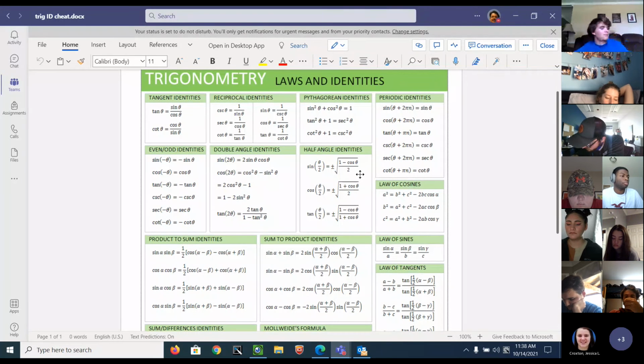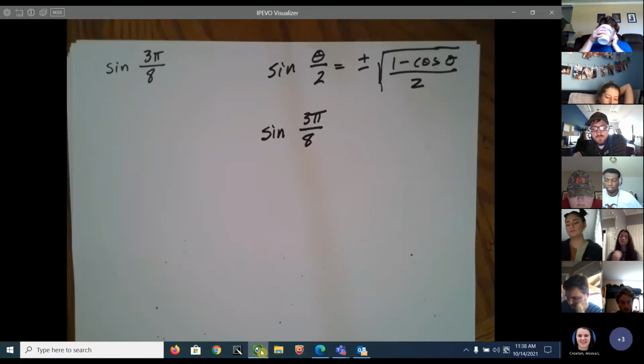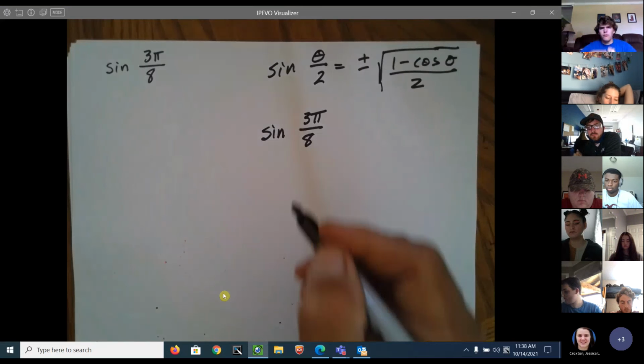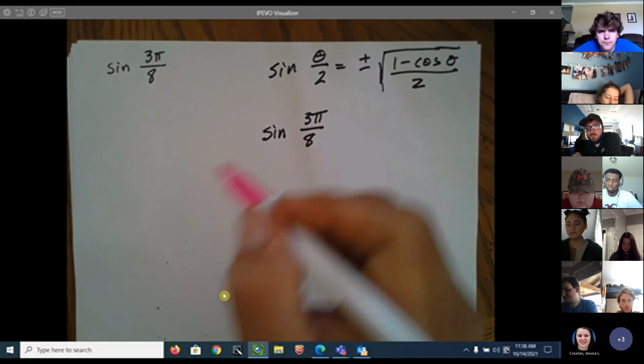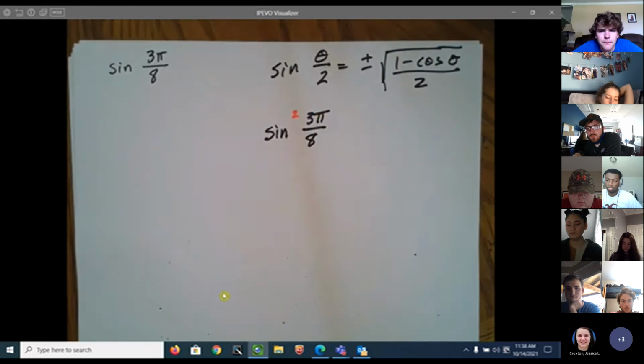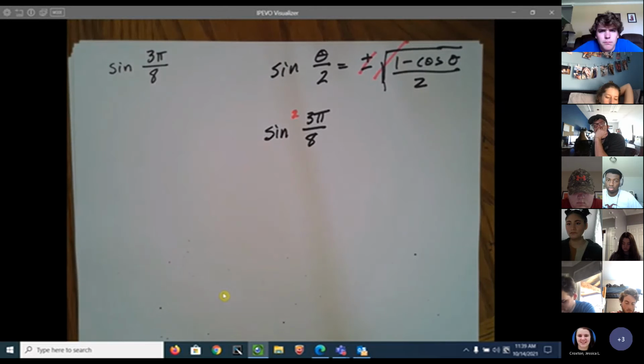So sine of 3 pi over 8. If I square that term, then I can get rid of the radical. It's not going to change anything really.